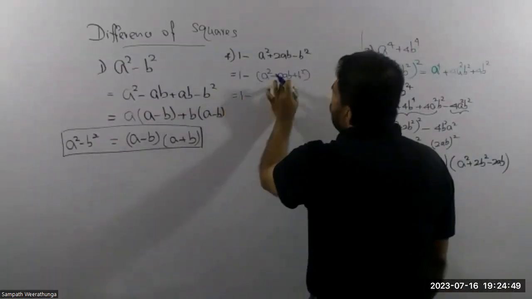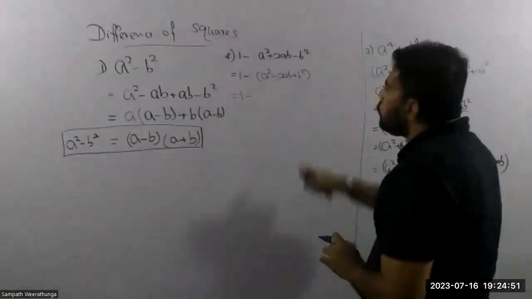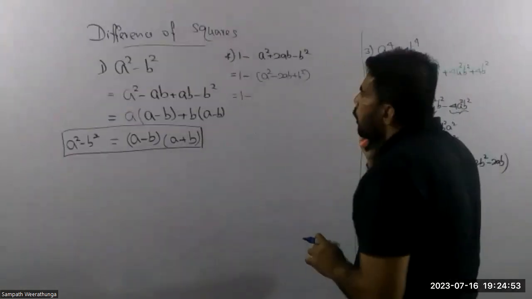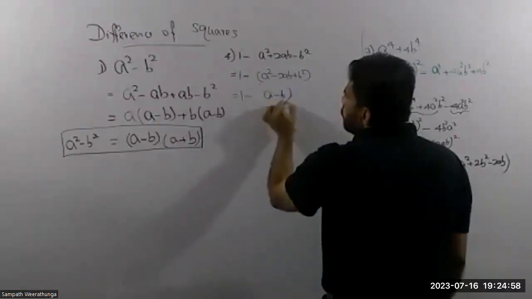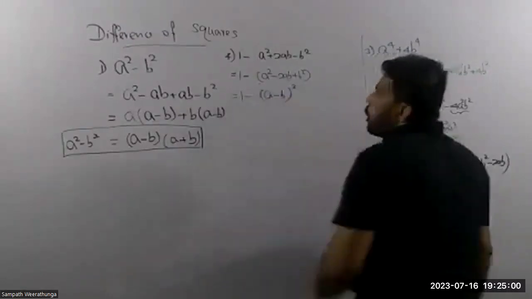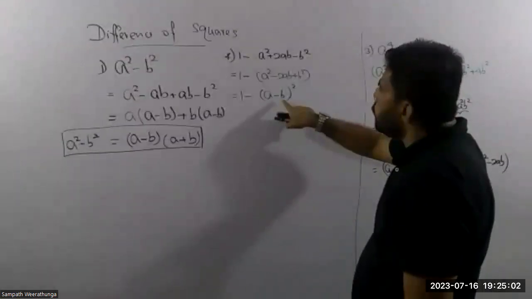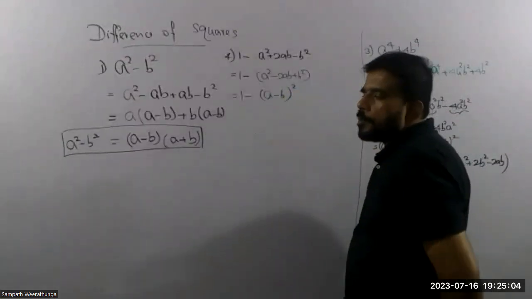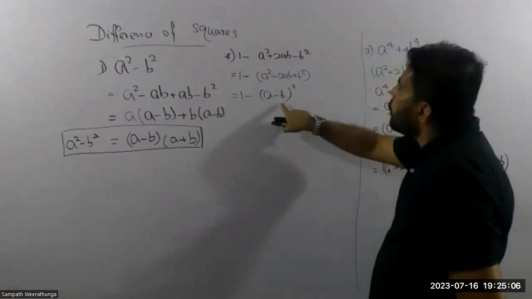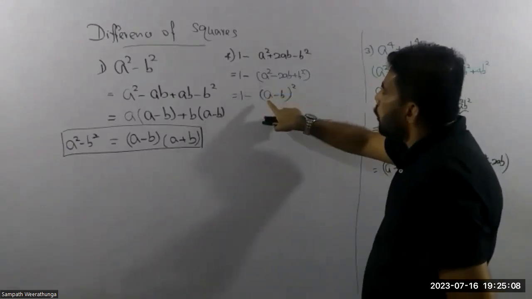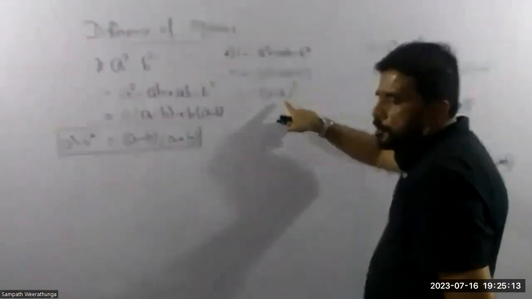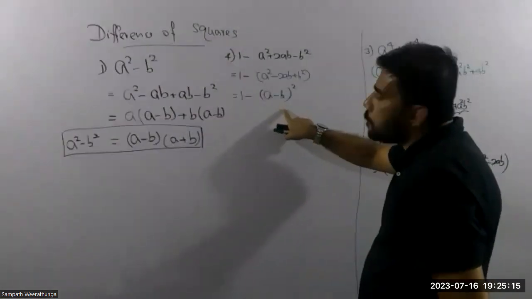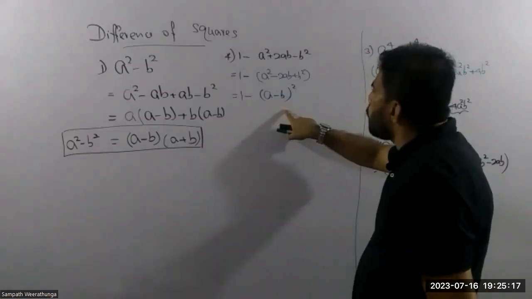Then this one is the expansion of this. From our previous knowledge, we know the a minus b expansion, but in general, the expansion of two terms of this nature we call binomial expansion.